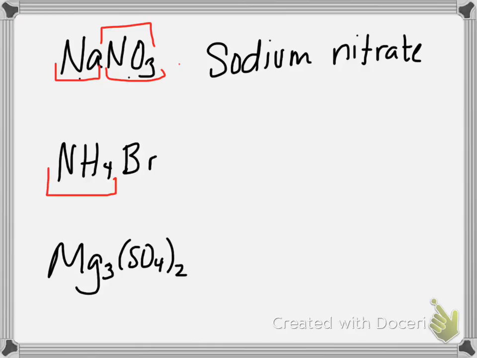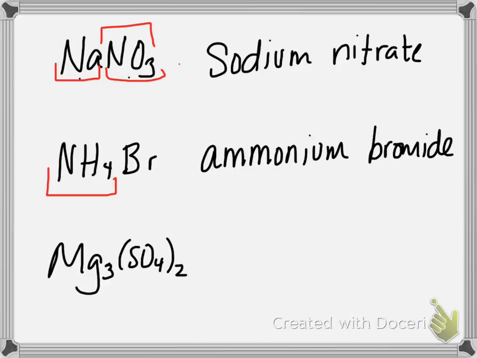And as a matter of fact, you know that if this was something with nitrogen, the nitrogen couldn't come first. Nitrogen forms an anion, but ammonium is a positive ion. So we have an ammonium ion traveling with a bromide ion. This is ammonium bromide.